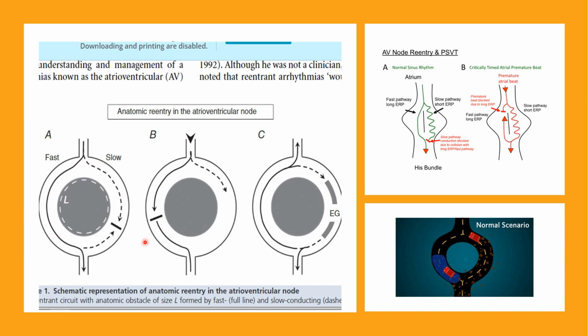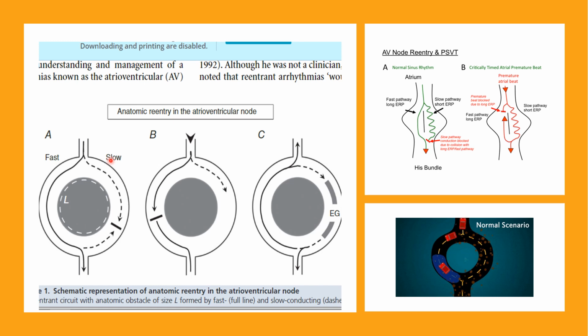Under normal conditions, the fast pathway conducts from atria to ventricles, and the slow conducting pathway is concealed, as the orthodromic wave collides with the orthodromic excitation from the fast pathway. So there will be a collision between these two, and in the other pathway there will be no wave front.